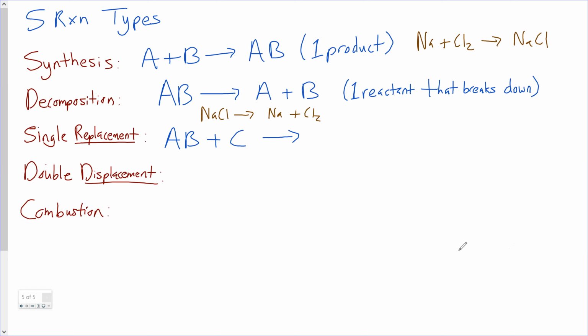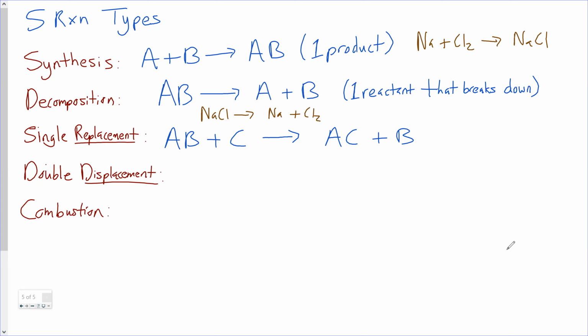C is gonna break them up, and C is gonna start dating one of them, and the other one's gonna be single, okay? So in this case, we would have something like AC is now the new couple, and now B is by their lonesome, okay? That's a single replacement or a single displacement, okay? We're not going to get deep into that, but sometimes C is not cute enough for A and B to break up, and sometimes nothing happens, okay?